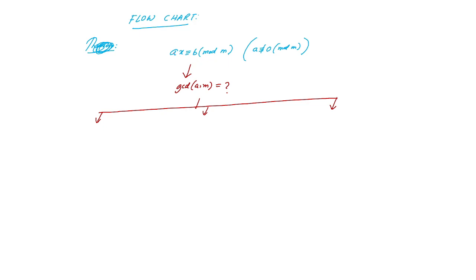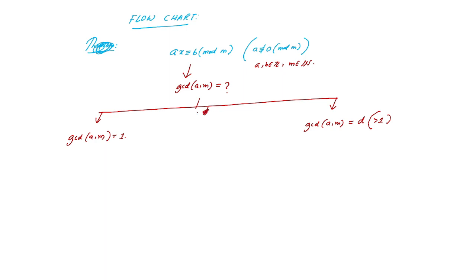Here A is the coefficient of x, B is an integer, and M is a positive integer. So the first case is that the GCD of A and M is 1, or the GCD of A and M may be some D, where D is greater than 1.